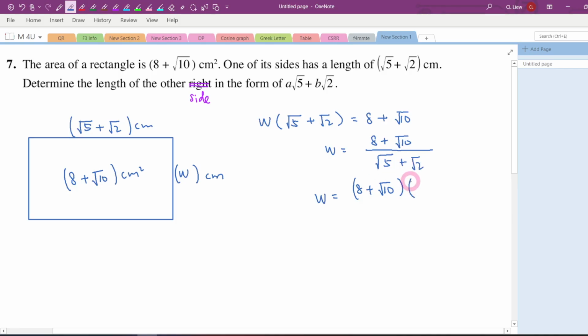So the conjugate of this one will be square root of 5 minus square root of 2. Do the same thing for the numerator and denominator.